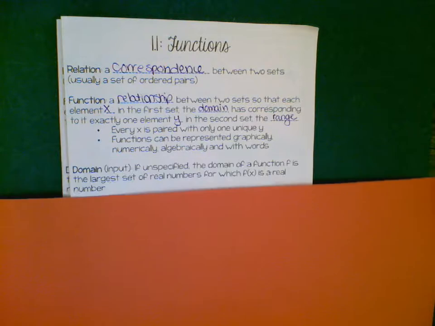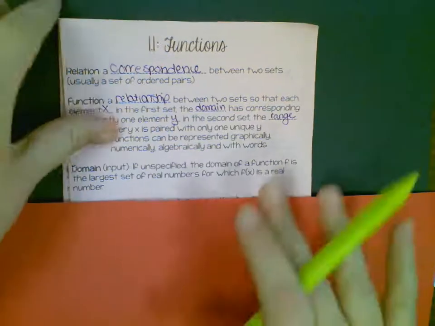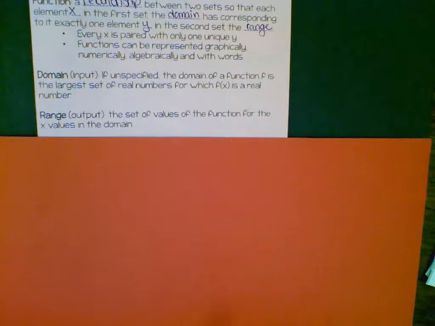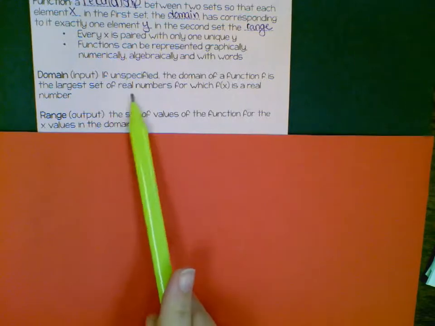Okay, so our next thing is domain and range, which we've talked about a lot in algebra. Domain is your input values, or it's the domain that is able to be used for that specific function. So for some functions, any number can be plugged in. For other functions, you're going to get something that's not real, or an imaginary number, so that would not be put in because it says for real numbers.